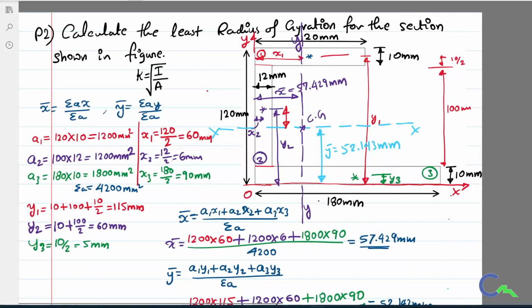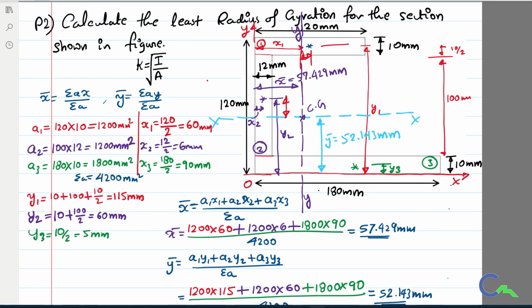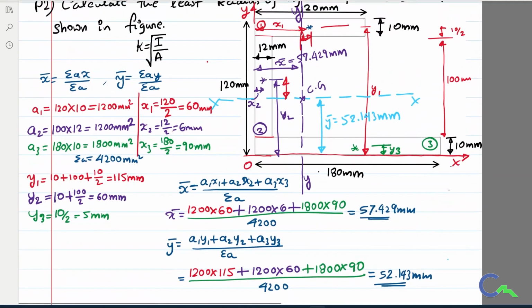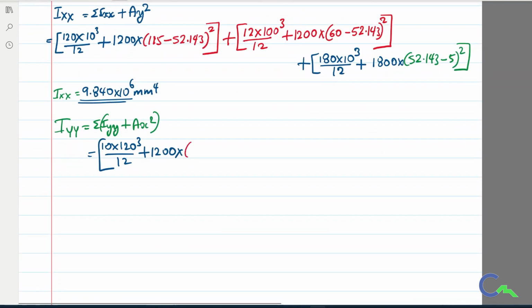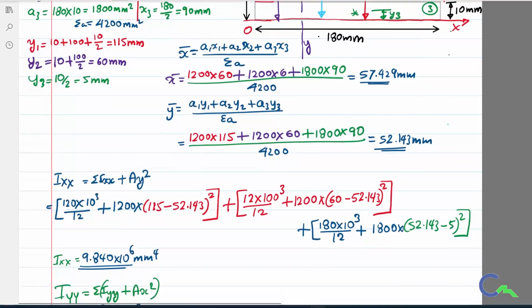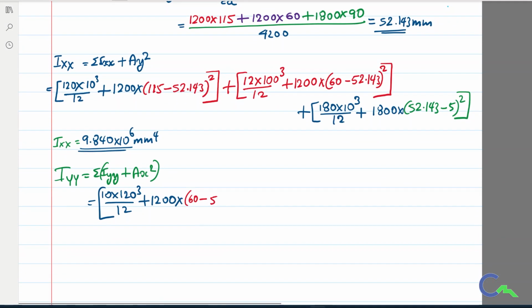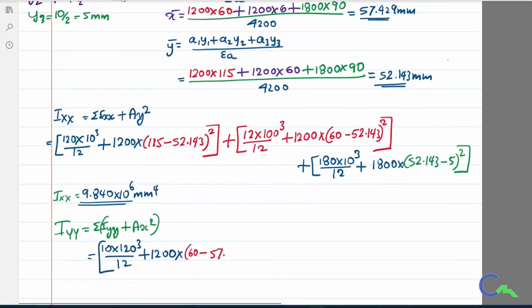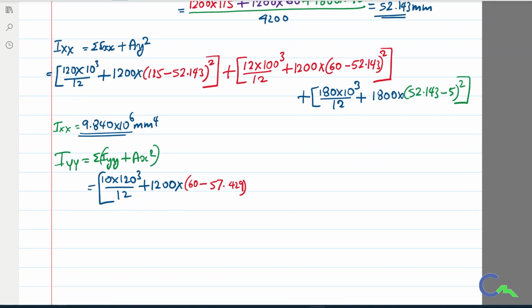Now I want the distance from the centroid of the first figure to the yy reference axis. That distance is x1 minus x bar. x1 we know is 60, so x1 minus x bar, that is 57.429, whole square. So that is for the first figure.